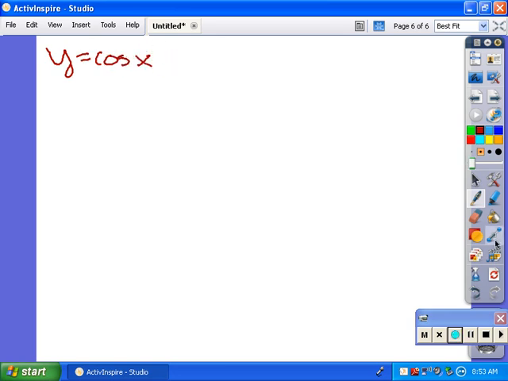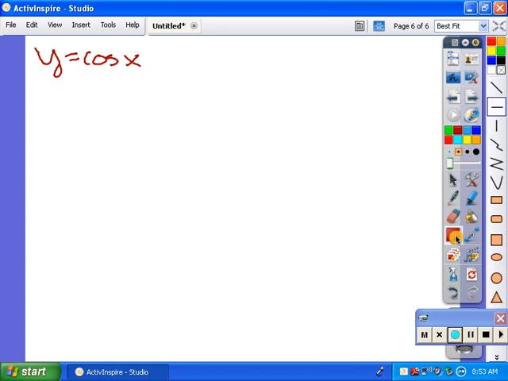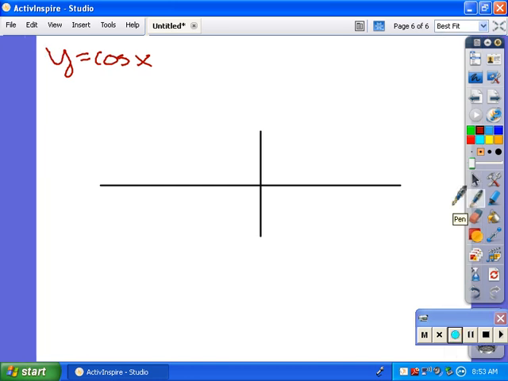What is different about the cosine graph compared to the sine graph? How do they differ, or how are they the same? Cosine starts up here at 1, then goes down right away and comes back up. Sine starts at the origin, that's important.